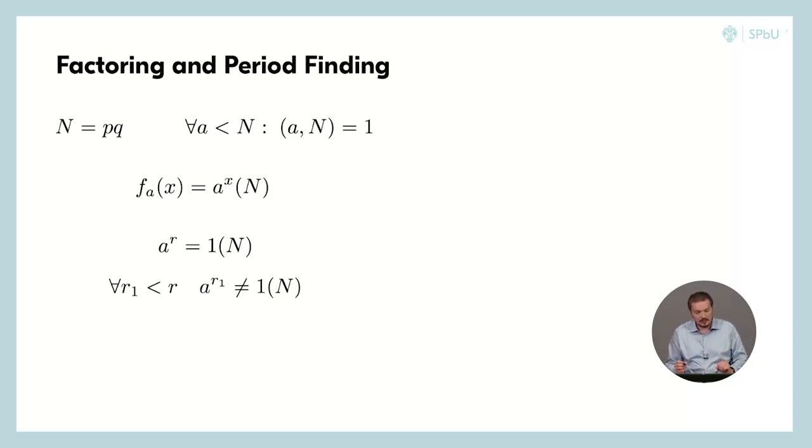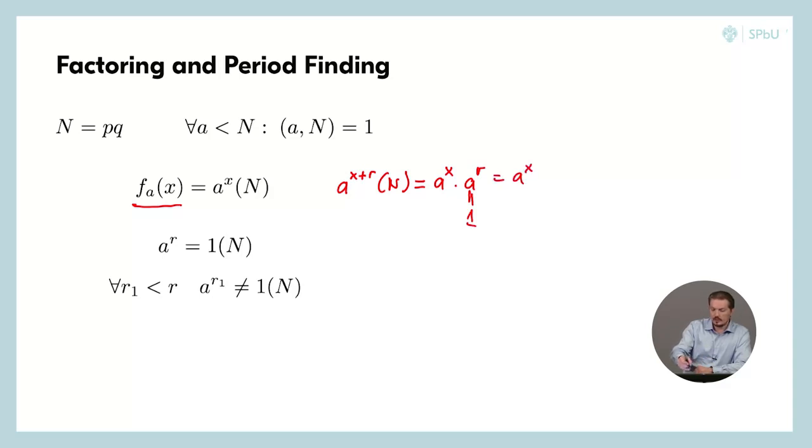And this r has to be also the period of this function fa, since if we compute a to the power x plus r modulo n, it equals a to the power x multiplied by a to the power r, which is 1. And we get just a to the power x modulo n.